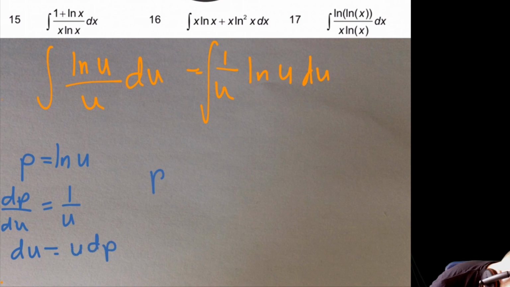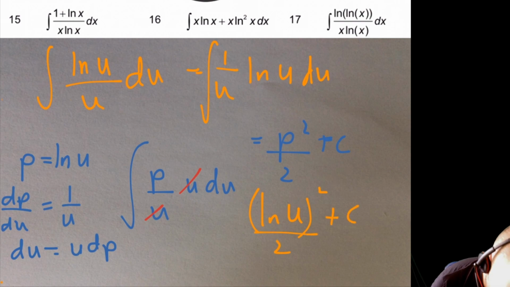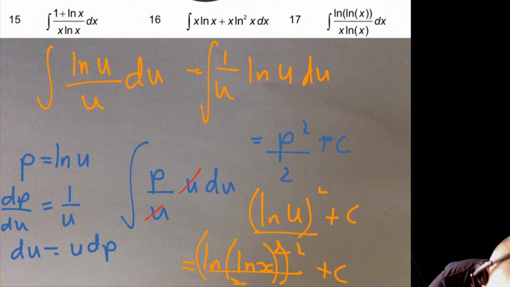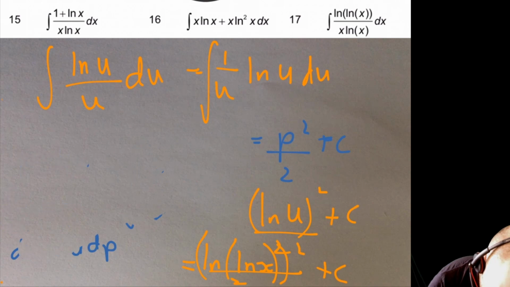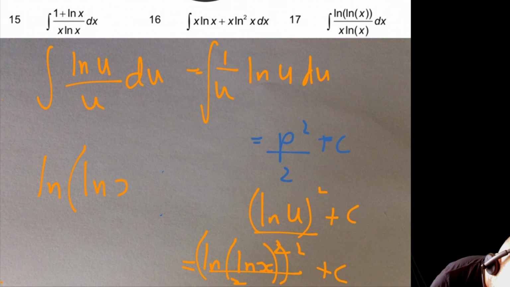Put that in, and I get p. p was ln u, and u was ln x. So we get ln of ln x, put squared in there, over 2 plus c.